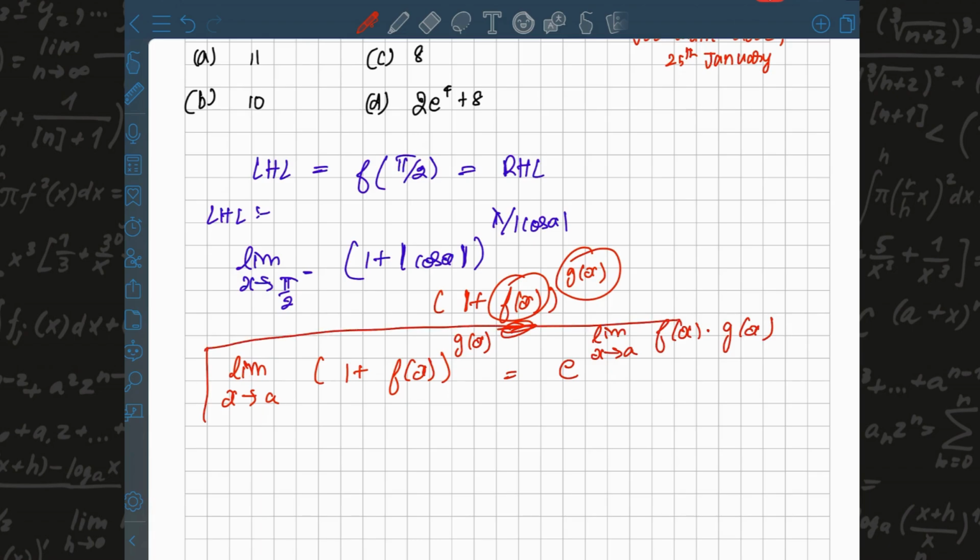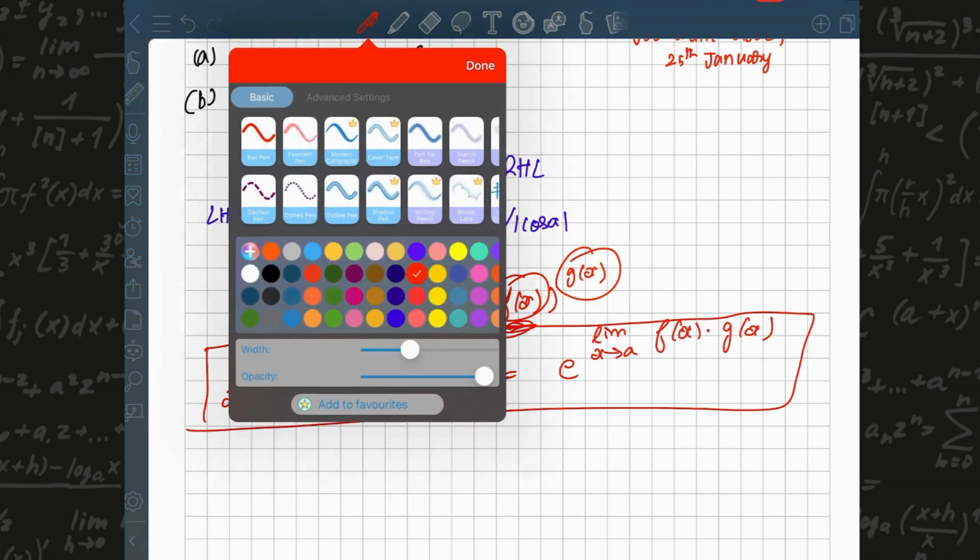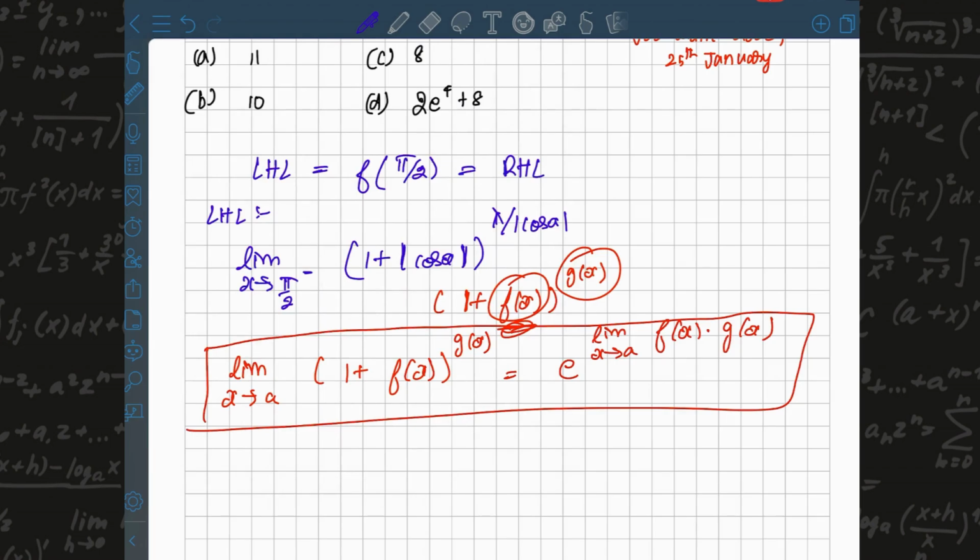So this is the formula to solve this. Trust me, mostly you will end up in this format, so always remember this formula and keep it handy during the preparation for your examination.